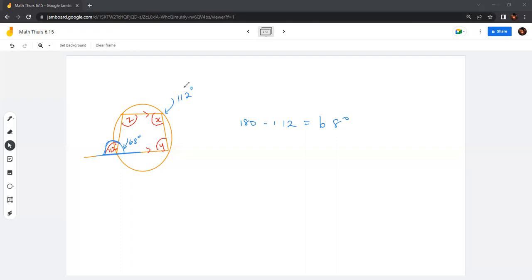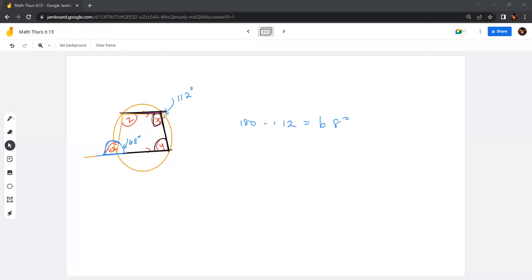Now, this line, I'm outlining it in black, is parallel to this line. Anytime you have a line across parallel lines, the interior angles formed are also supplementary.